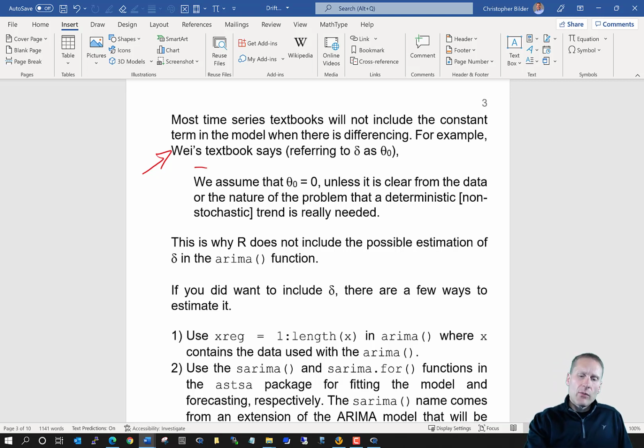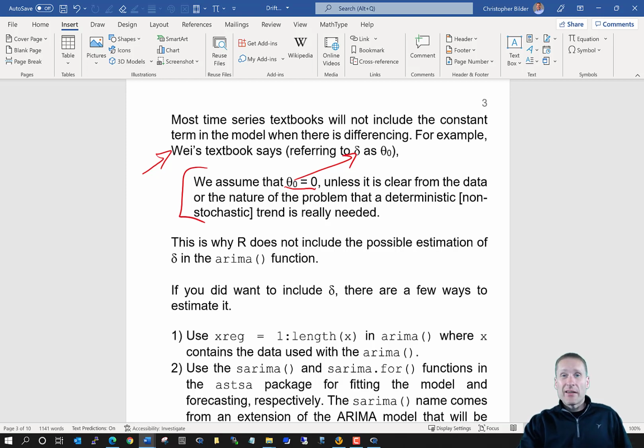And this is what Wei's book says about the possibility of a random drift term: we assume that theta 0 is equal to 0, where theta 0 is their version of delta, unless it is clear from the data or the nature of the problem that a deterministic non-stochastic trend is really needed.